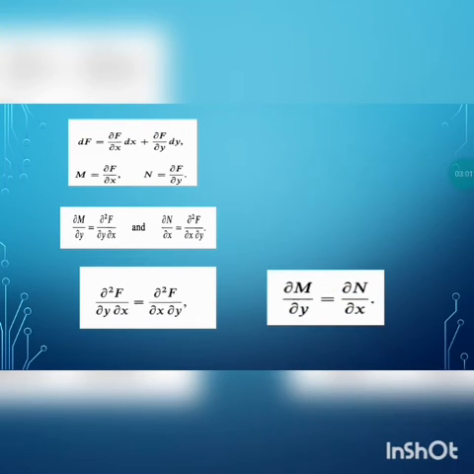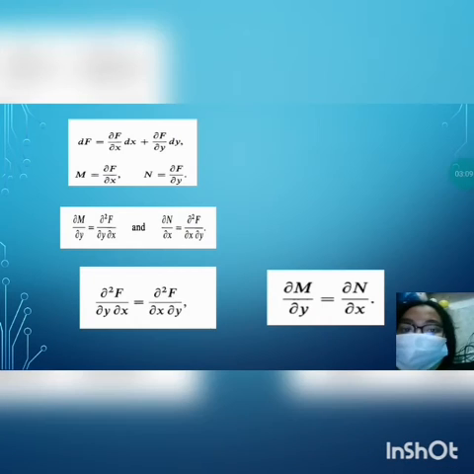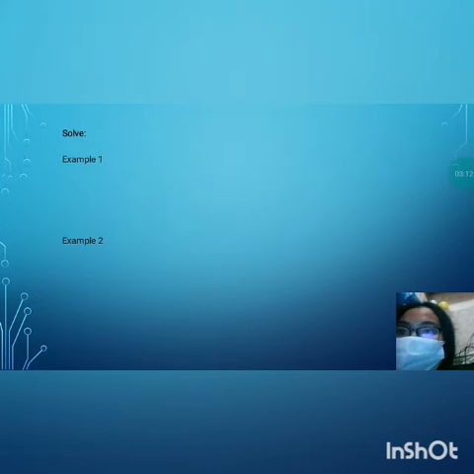So it means that partial of M over partial of y is equal to partial of N over partial of x. So let's proceed. Let's go to some problems.